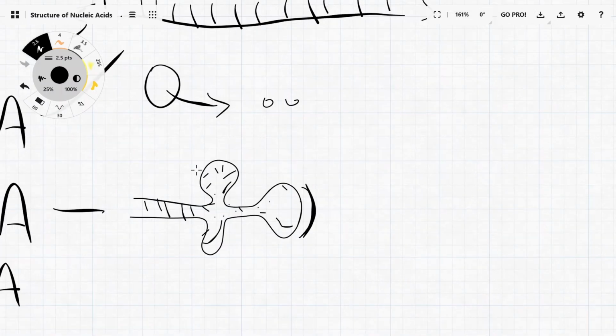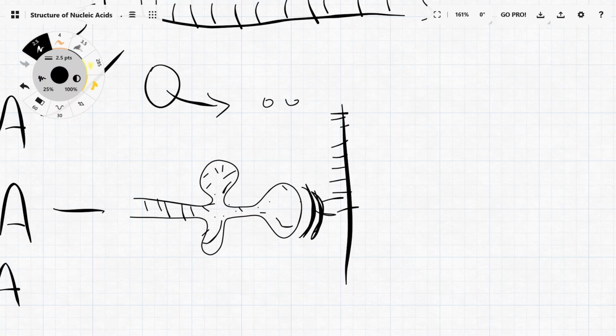So translation is the process of converting a nucleotide sequence into an amino acid sequence to create a protein. And it delivers amino acids to ribosomes during protein synthesis after it recognizes specific nucleotides. So this is a recognition site, and it will use the sequence from the mRNA to bring in an amino acid to form a chain.